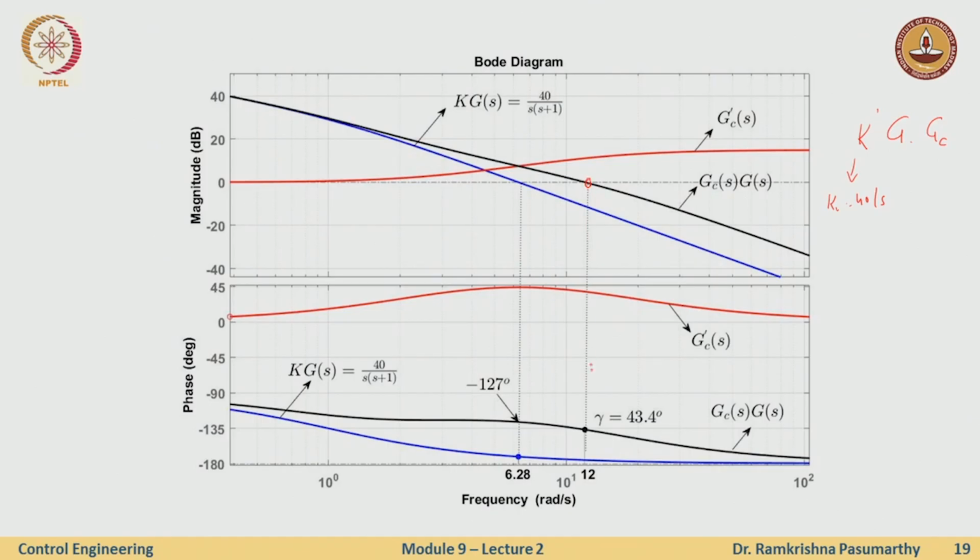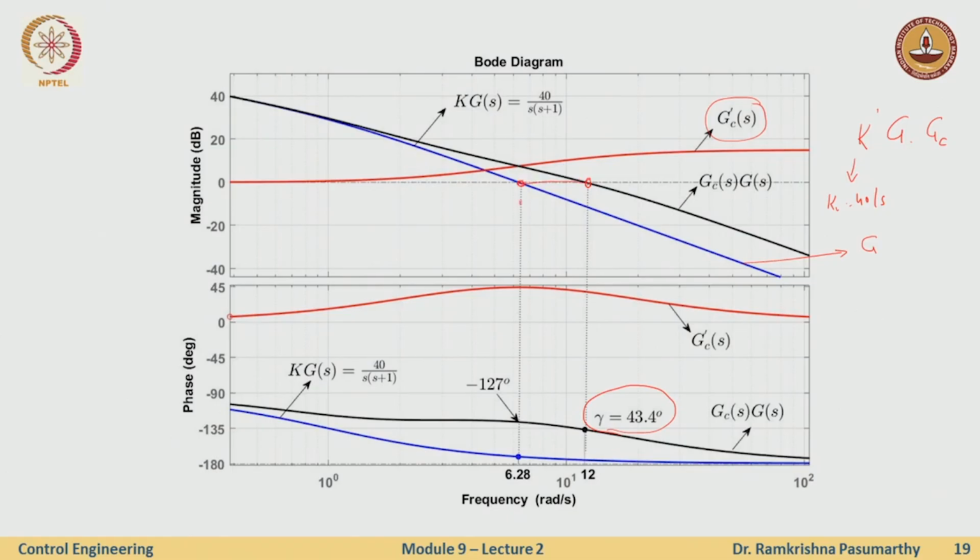I go down and I check, well, it is not 53, but it is actually 43. What has gone wrong here? If I compare the Bode plot of the uncompensated system, I see that there is a change in the magnitude plot in such a way that my crossover frequency is no longer at 6.28, but it is somewhere here.